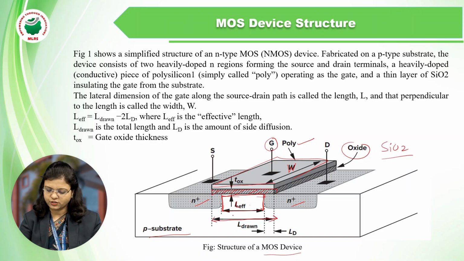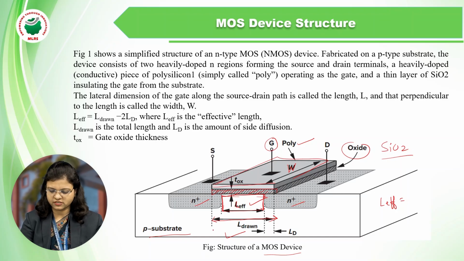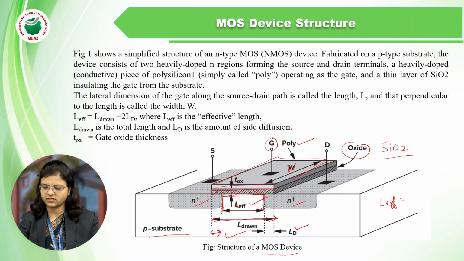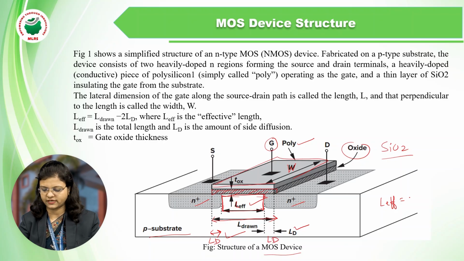If we want to find out L effective, then what we need to do is subtract this portion, which is denoted as LD, which is nothing but the lateral diffusion. We subtract LD from the left hand side, and from the right hand side. So 2 times LD we have to subtract from L drawn.